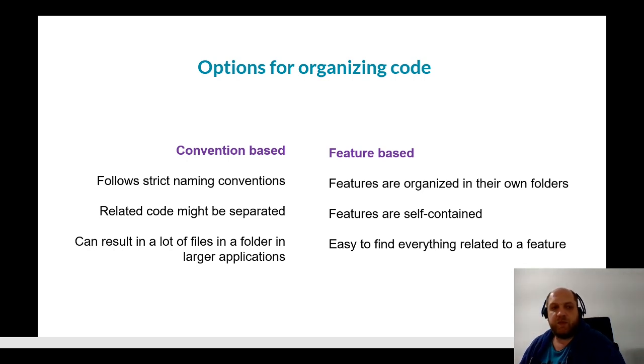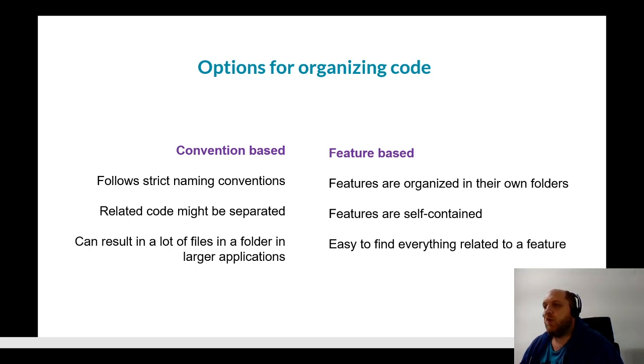So the convention-based approach is the one that follows strict naming conventions, or I would say that this is the approach that we are used to in the .NET ecosystem when we develop normal MVC applications, either APIs or also applications that contain some Razor views and so on.